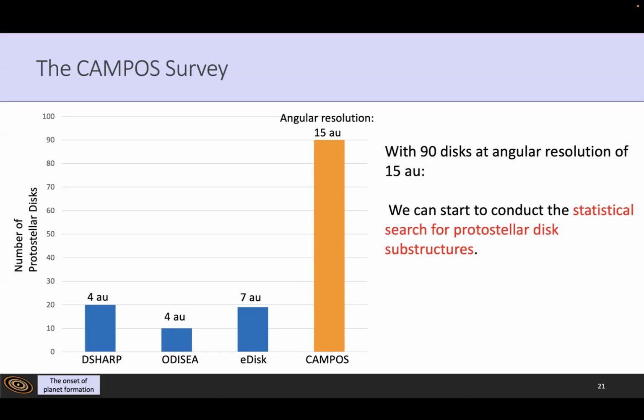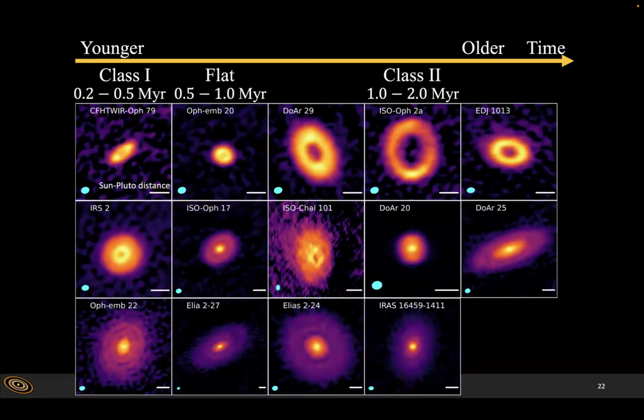Okay. And then I was curious about your resolution. In your images, for example, if I pick the fourth source on the first row, the width of that thing looks to be tens of AU. Is the beam size your resolution element there?